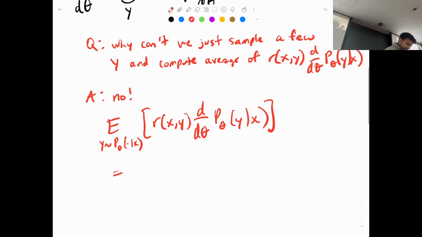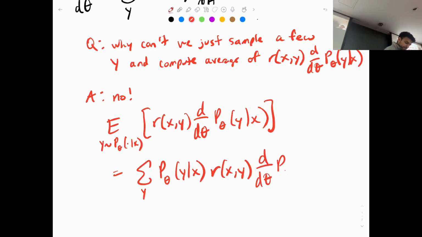If we write this out as a sum over our samples, we have an extra term here, which is the probability of y given x times the reward of x comma y times this.